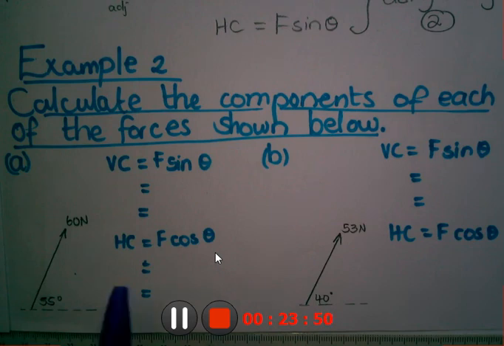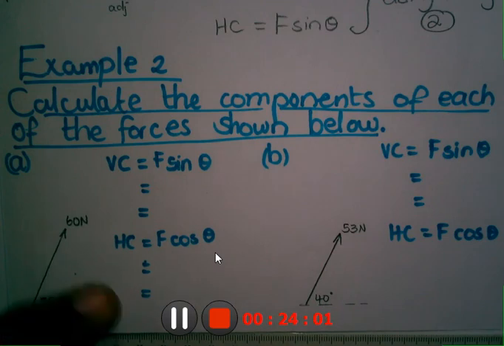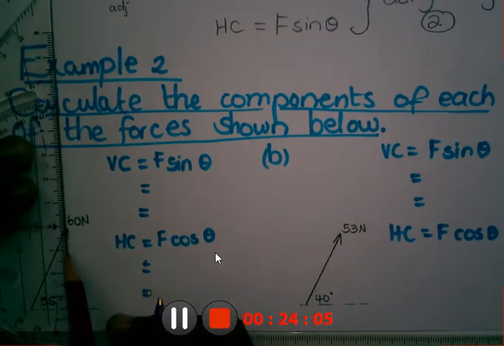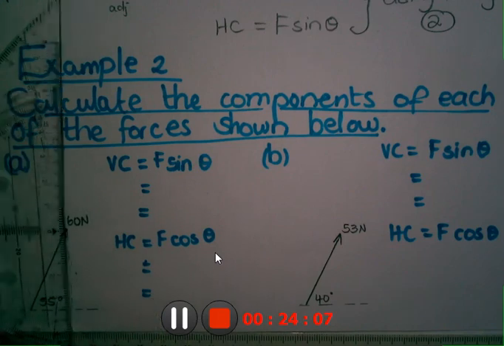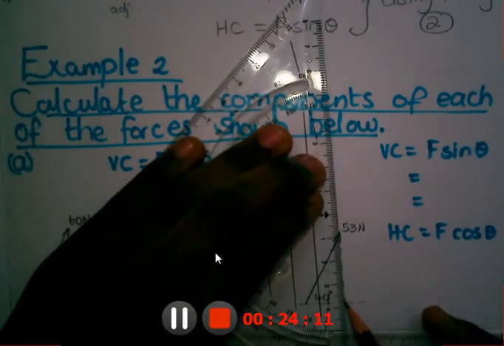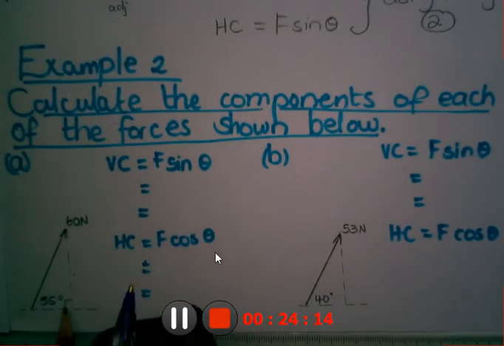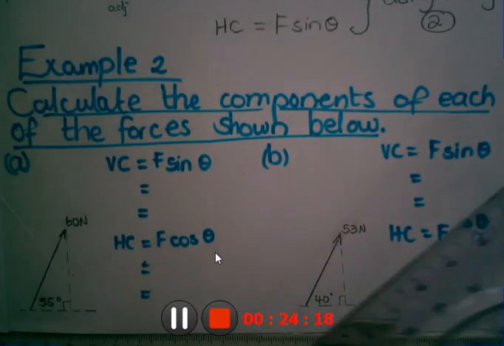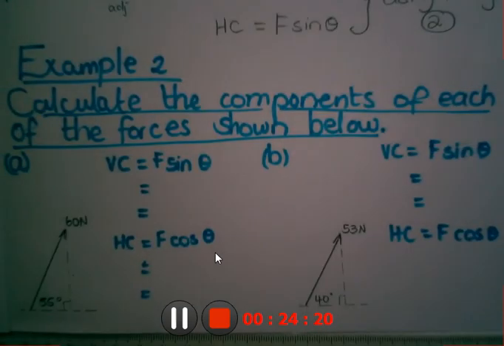Now let's do the first one. I've written down the formulas already. We just continue with the calculation. So for VC, if we are to indicate it here, our triangle will be there. We are using triangle 1. 90 degrees is here.